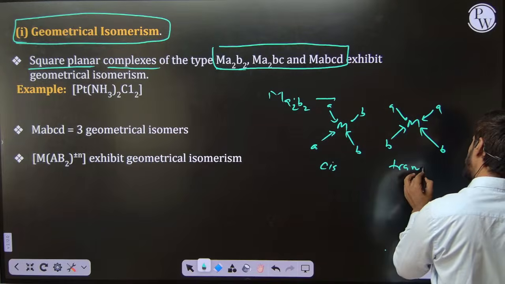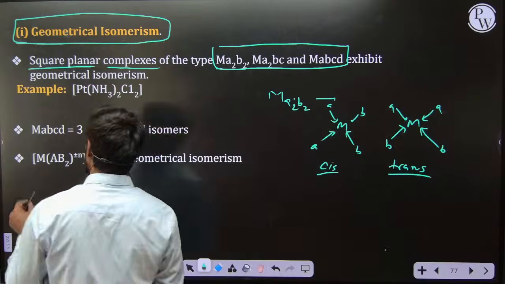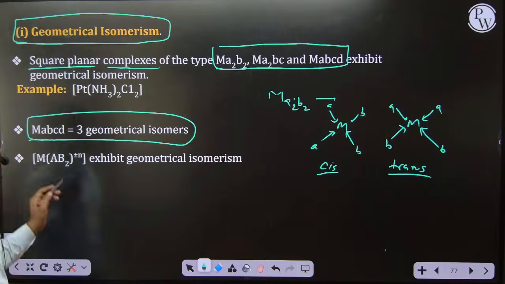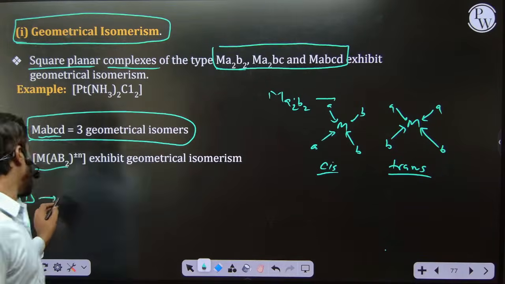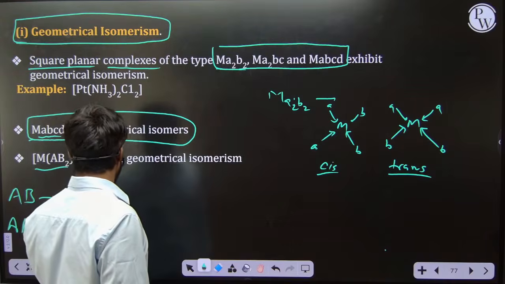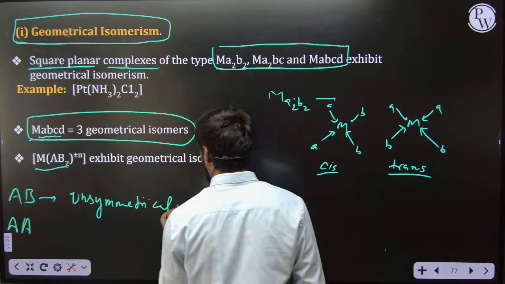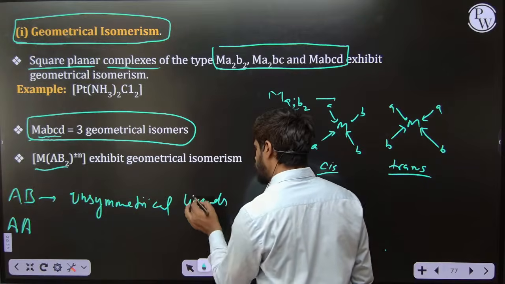Similarly we can draw for the others also, that is cis and trans. For MABCD, three isomers are possible. Here AB is an unsymmetrical ligand.